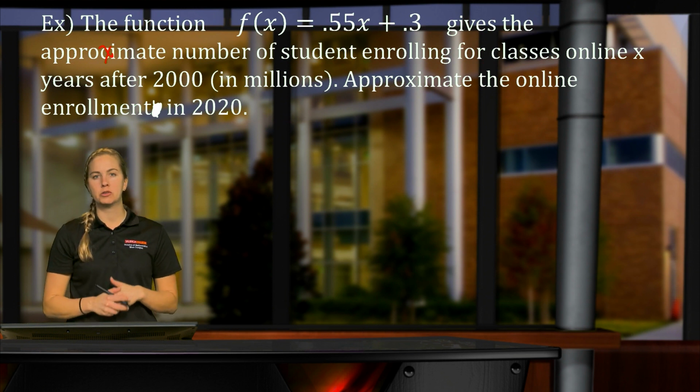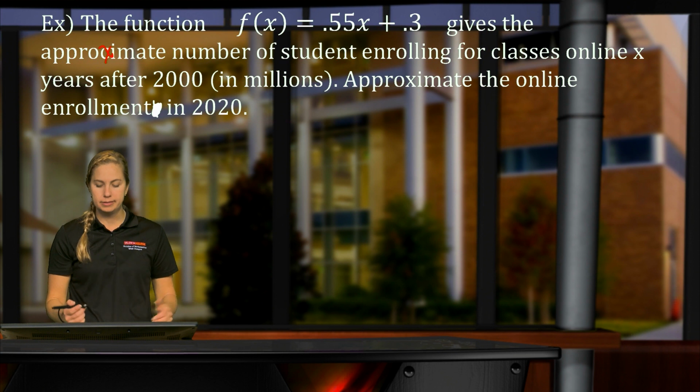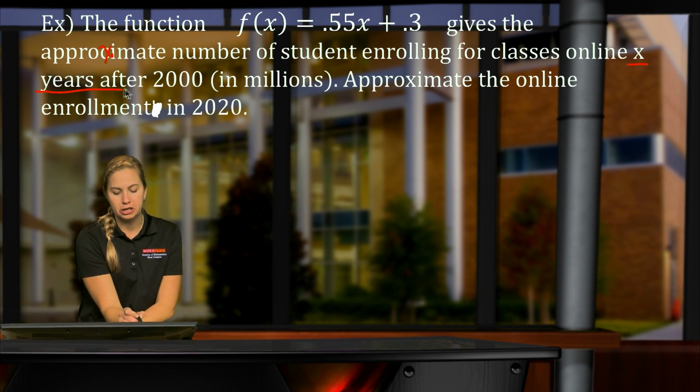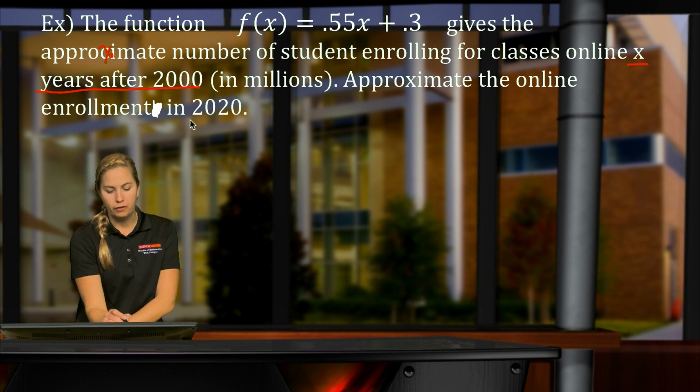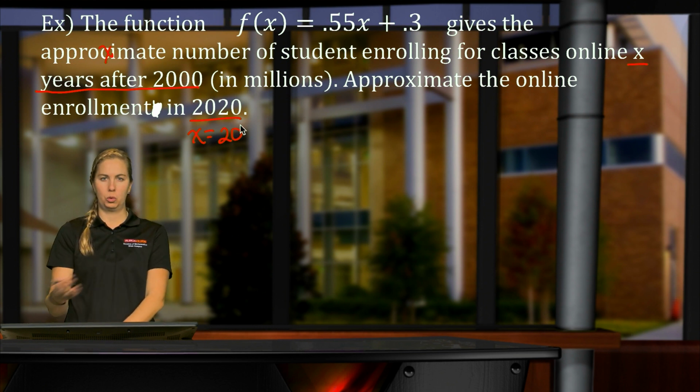So if I'm trying to find the enrollment for the year 2020, we need to figure out what our input is. It says that x is the number of years after 2000. So if it's 2020, what does x equal? x equals 20, because it's 20 years after 2000.